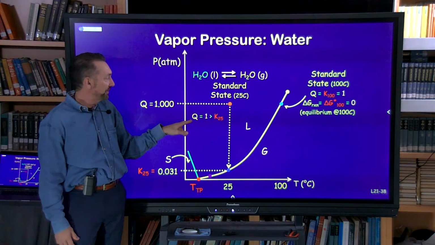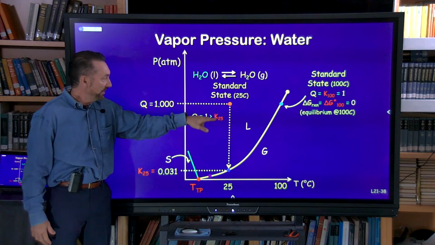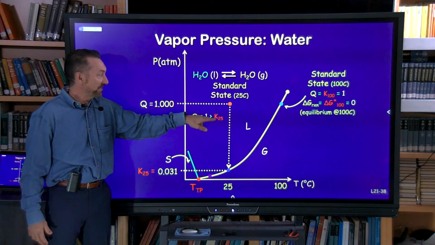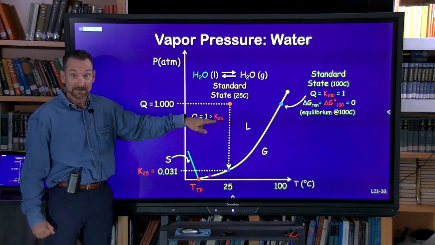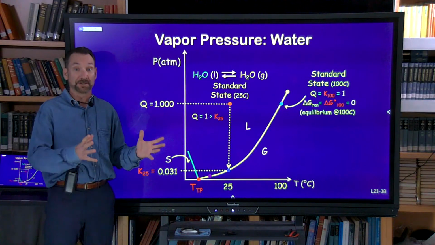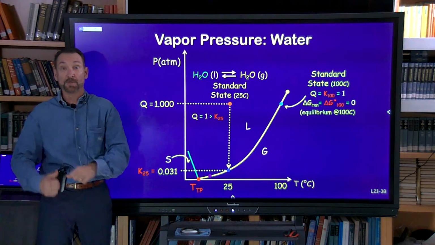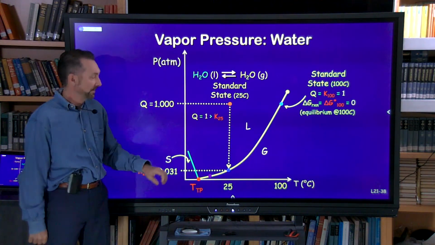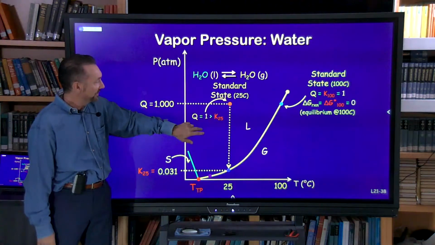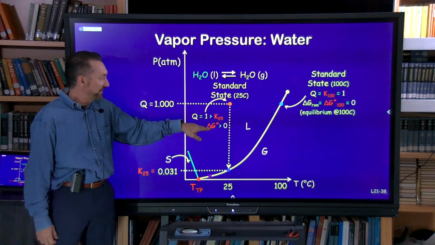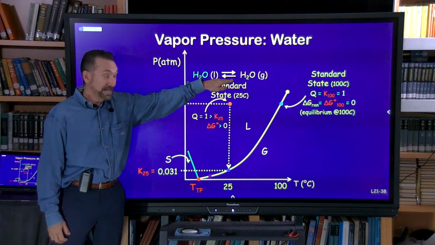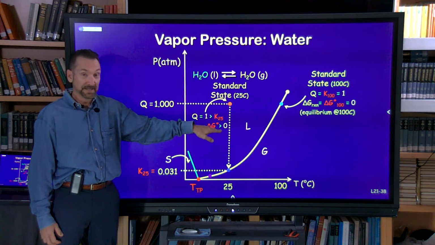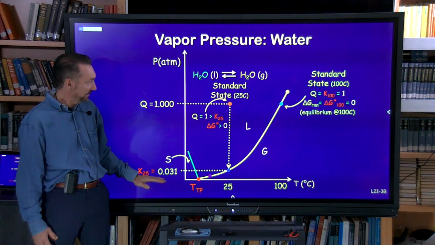So standard state, Q is 1 in this case, but that's much bigger than K. So that also tells us Q is bigger than K, so I'm going to go back towards reactants. So all that information is the same. The standard state free energy difference here is positive because K is less than 1.